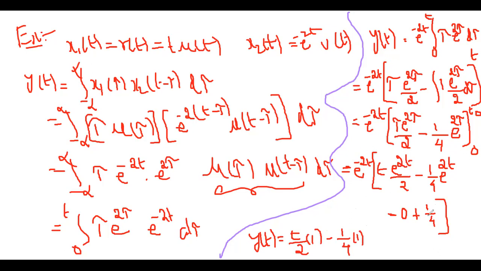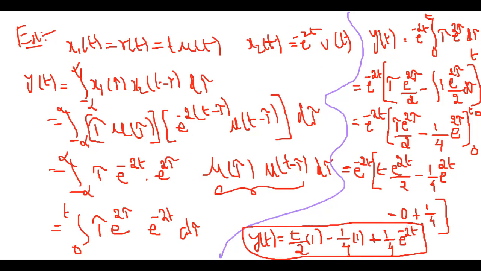Now this e power minus 2t is also multiplied with the 1 by 4, so plus 1 by 4 into e power minus 2t. The final expression of y of t is 1 by 2 into t minus 1 by 4 plus 1 by 4 into e power minus 2t.